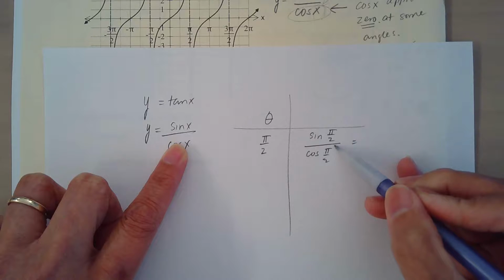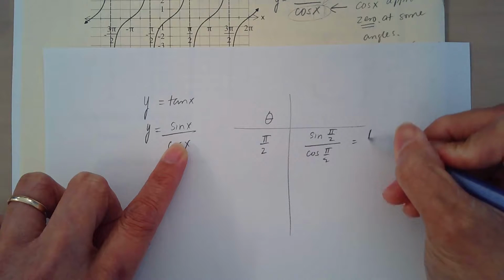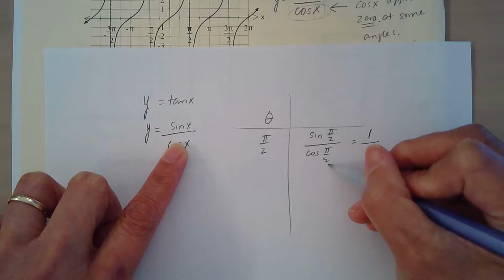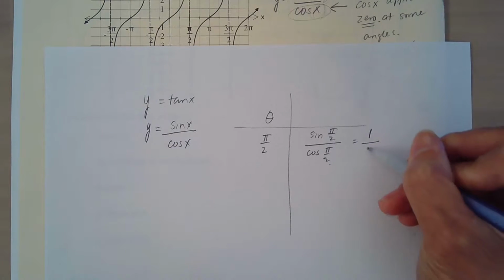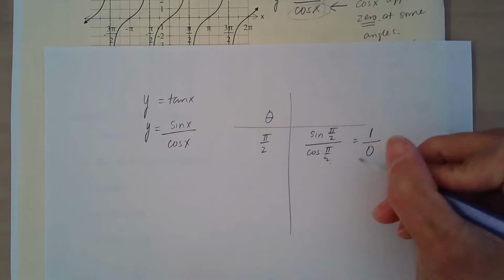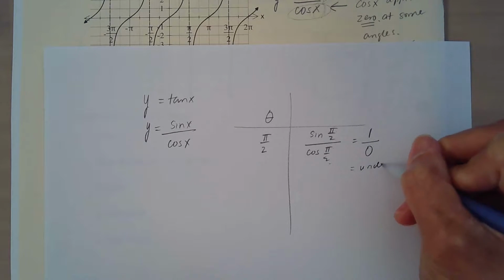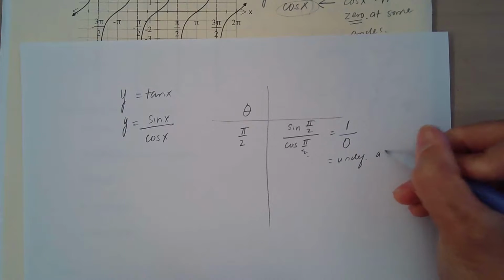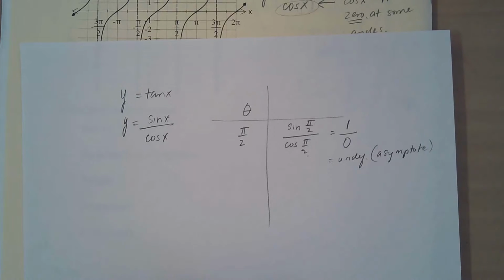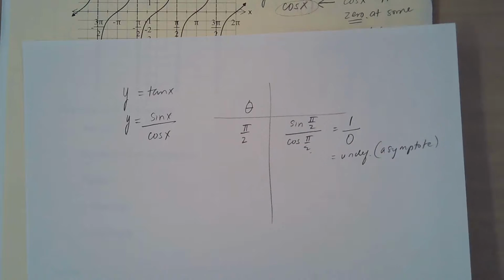Sine of pi by 2 is 1, and divided by cos of pi by 2, which is 0. That's going to give us undefined, and that's where the asymptote is going to be. We can get closer and closer to 0, but we can't really get to that.